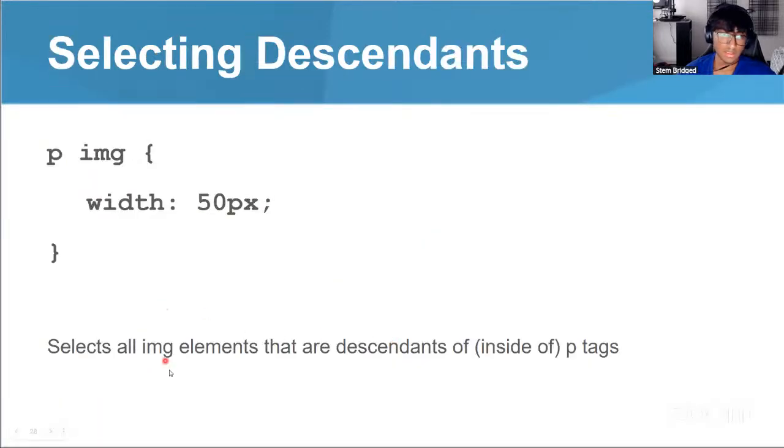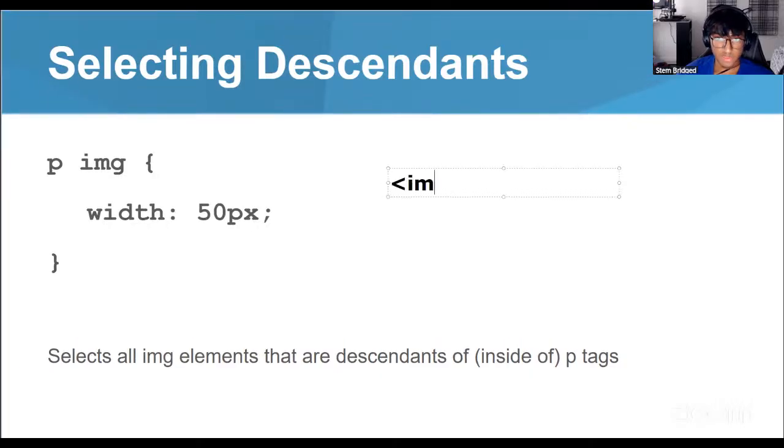So selecting descendants, right? Having a space here means that we are expecting this image tag to be a descendant of the paragraph tag. What does that mean? Let's take a look. So let's have an image tag, right?